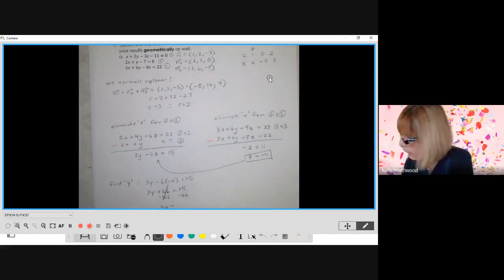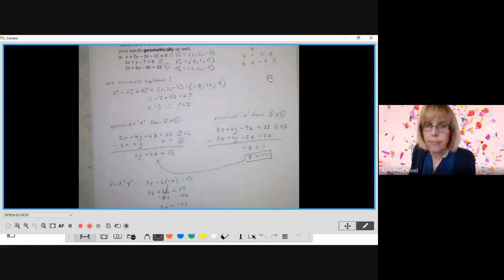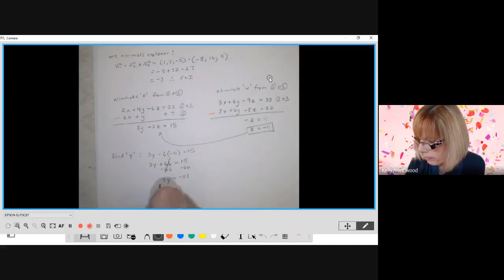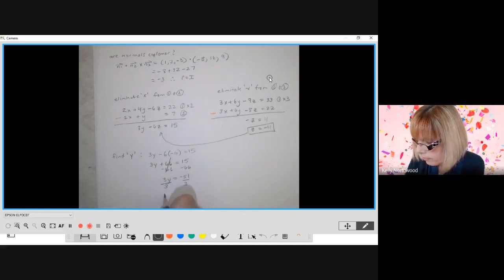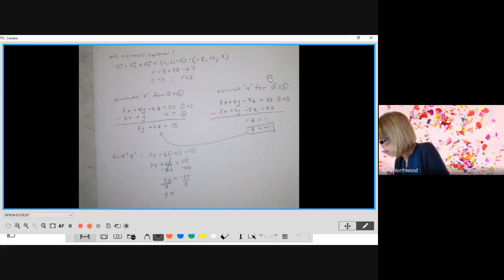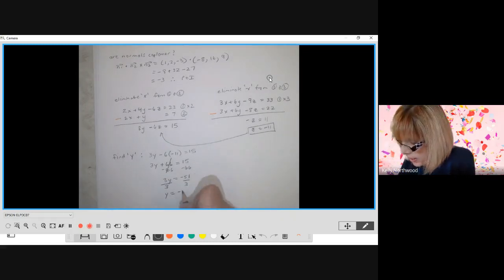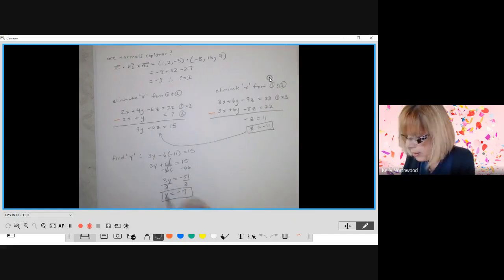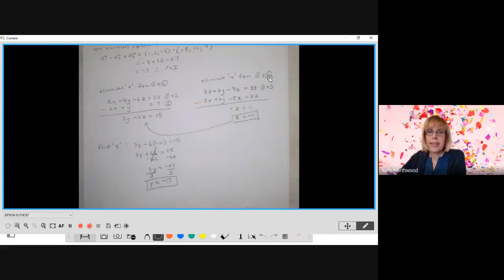Which gives you negative 51. So now we know negative 17 is y, and all we have to do is find x.